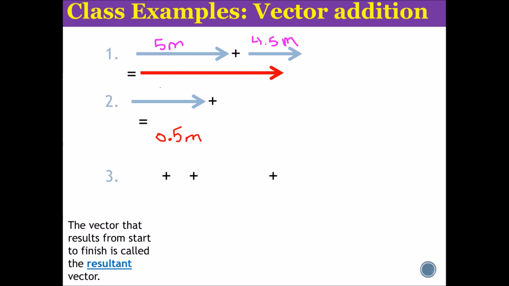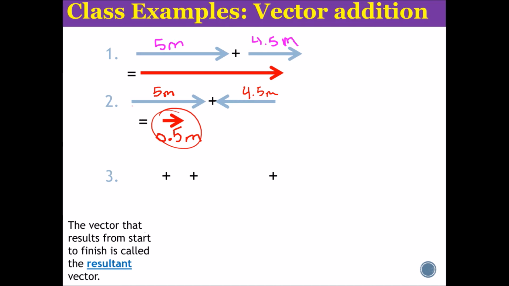The first vector is 5 meters plus the second vector, which is 4.5 meters to the left. What is the resultant vector? Okay, notice the first one's going to the right, the second one goes to the left. So 5 meters minus 4.5 meters gives us 0.5 meters to the right. This is the resultant vector.